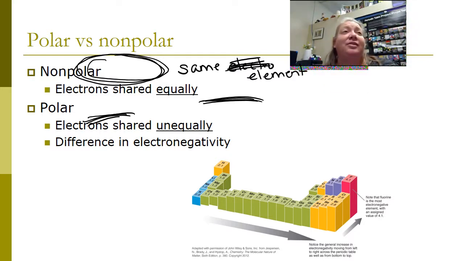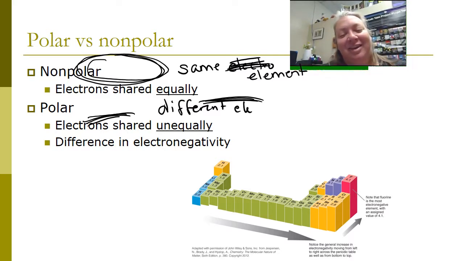There are some cases where different elements will be the same, but we'll talk about that here in a second. If they are different elements, it's probably going to be polar. And polar referring to the fact that one atom likes the electrons more than the other, and so those electrons spend more time around that particular element.